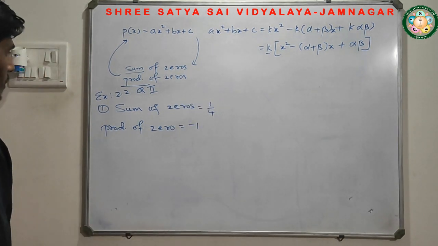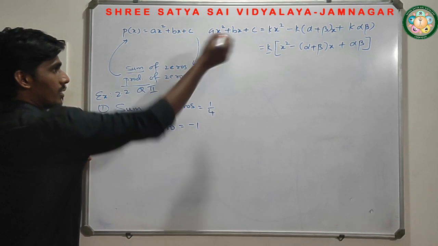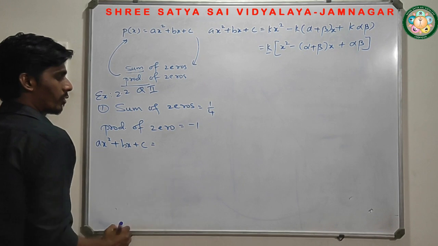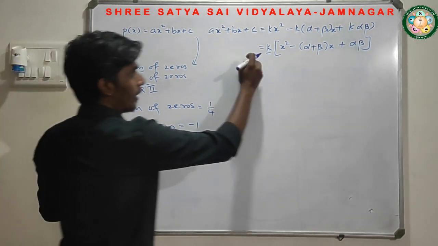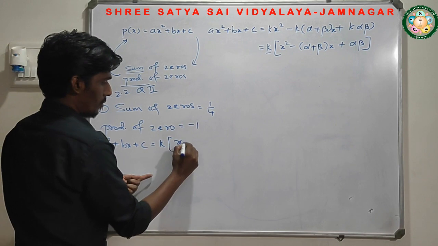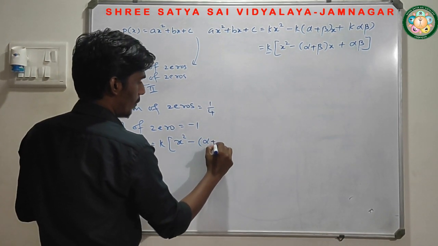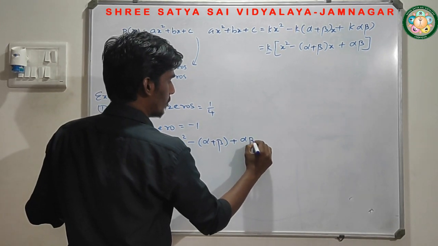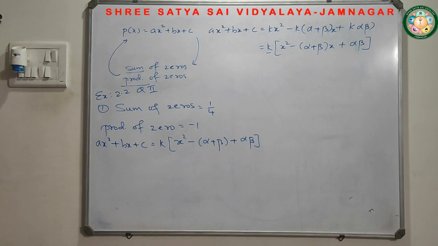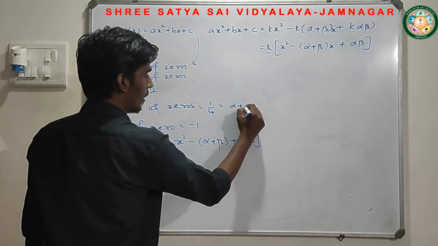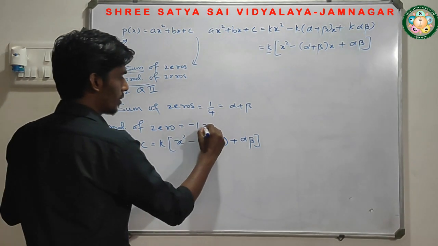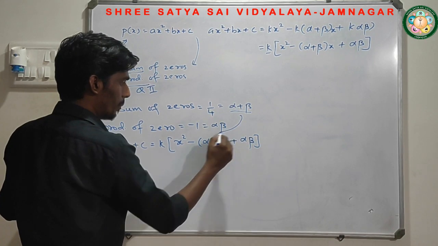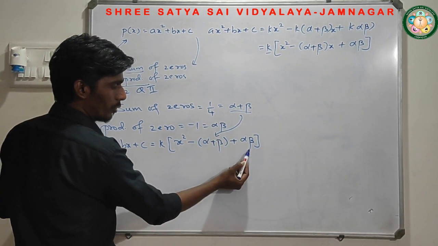Then as per this, ax square plus bx plus c equals 0. Now directly I am going to write this part: x square minus alpha plus beta, plus alpha into beta. Alpha plus beta is the sum of zeros and alpha into beta is the product of zeros. So I know the value of alpha plus beta, so I am going to replace it here, and alpha into beta I am going to replace here.